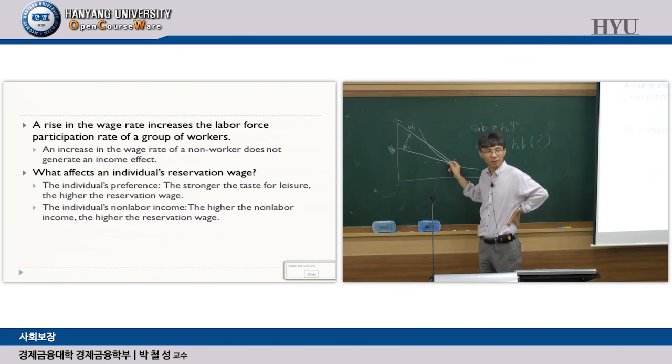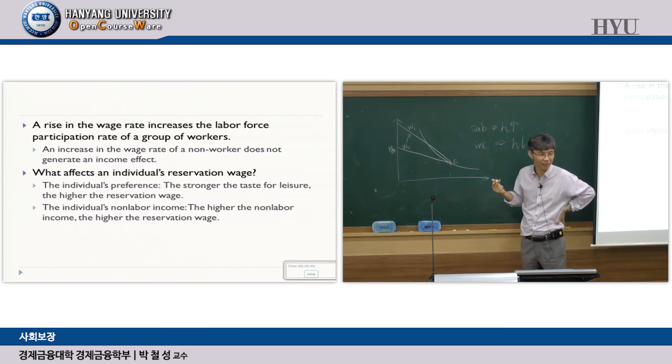Think about it. This person was not working at all. The wage goes up, but this person does not work. What happens to this person's income? Same, right? So there is no income effect.